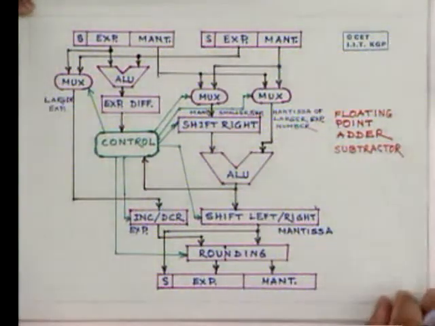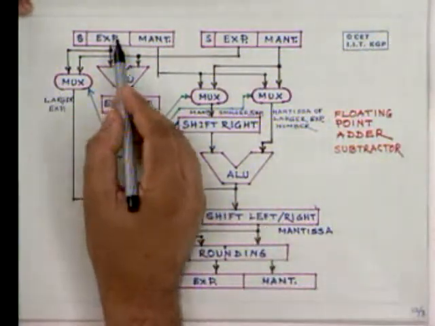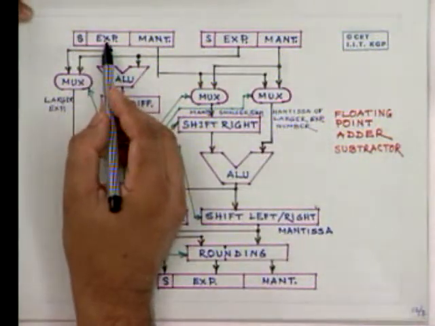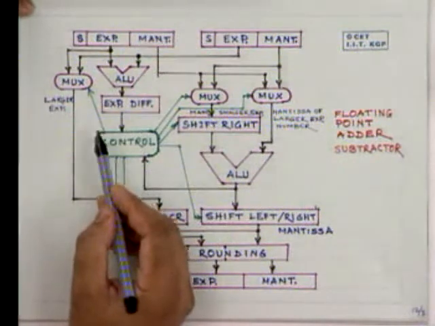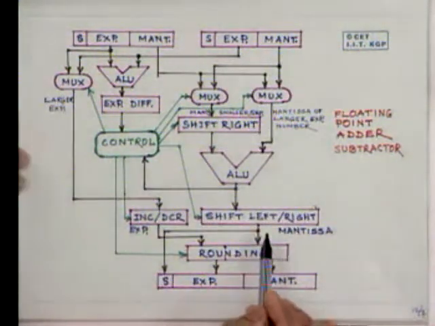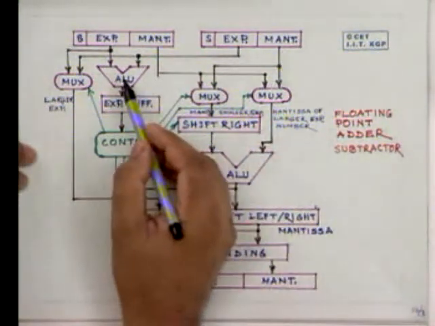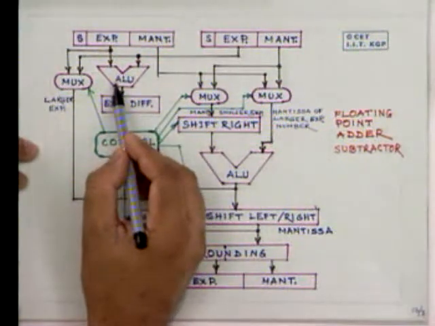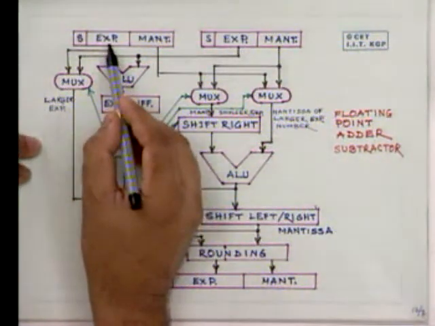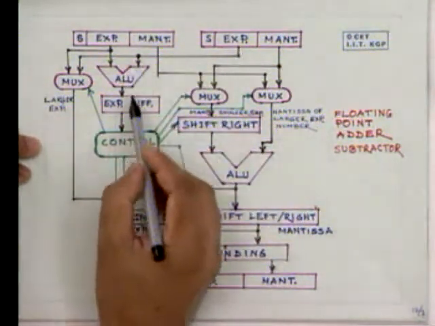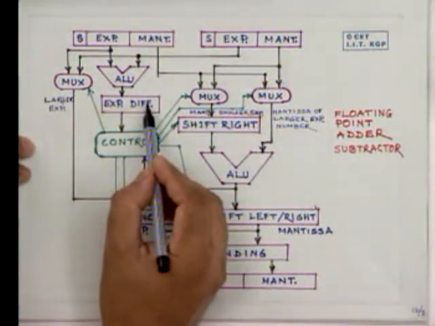So this is one number and this is another number. This is a sign, this is the exponent, and this is the mantissa of the first number. So also for the second number. Now here we have a small ALU, which first compares the exponents of this number and this number, and the exponent difference is found out.